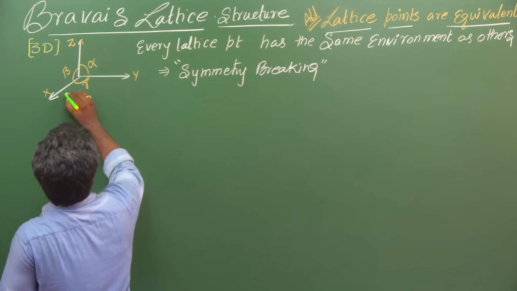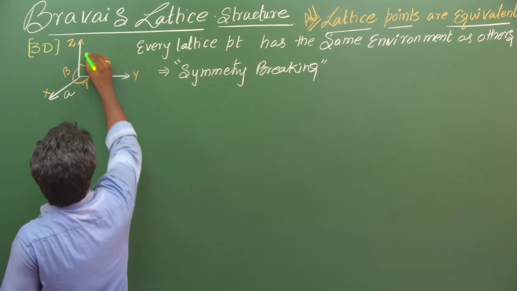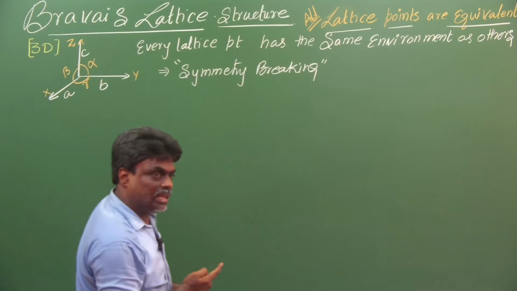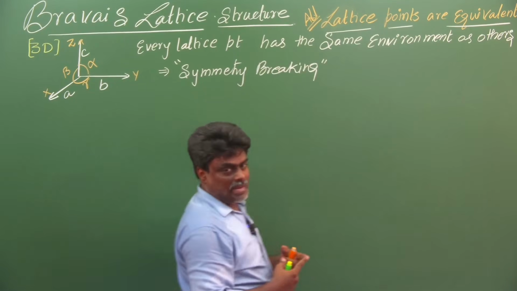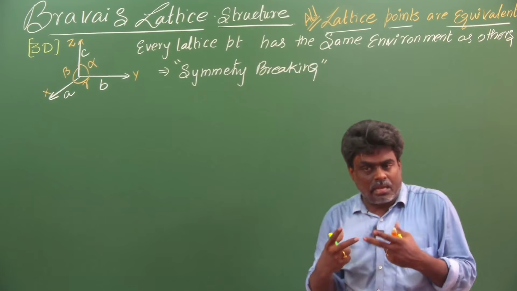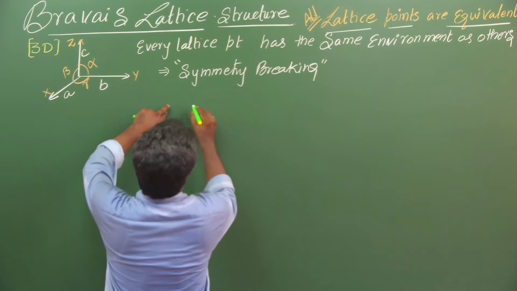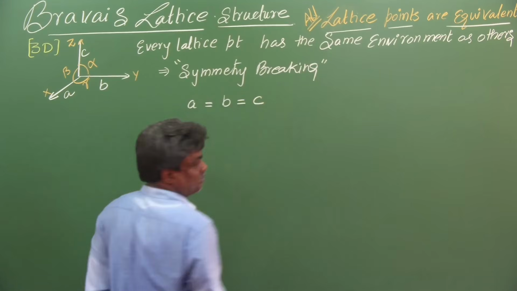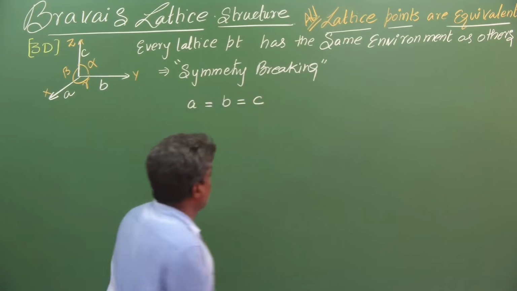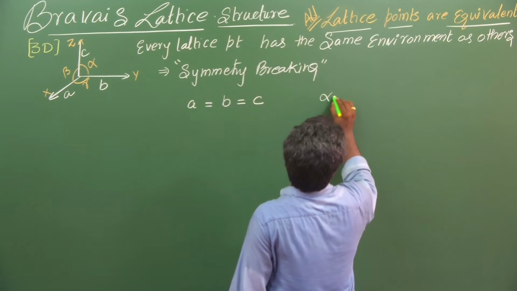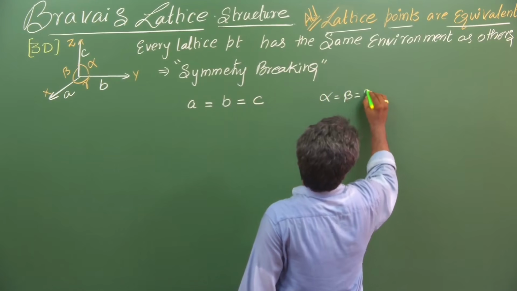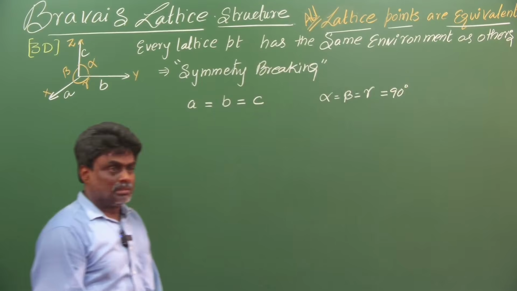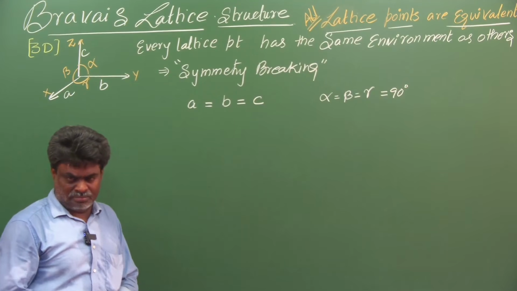Here we have parameters a, b and c. a, b, c are lattice parameters. Alpha, beta, gamma are the angles. First, take full symmetry. Full symmetry means a equal to b equal to c, and angles alpha equal to beta equal to gamma equal to 90. This is called the full symmetric system.